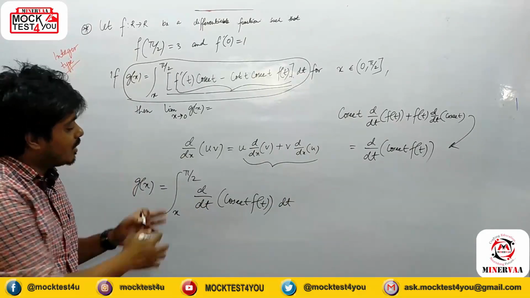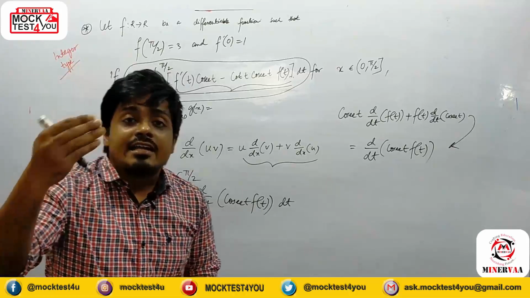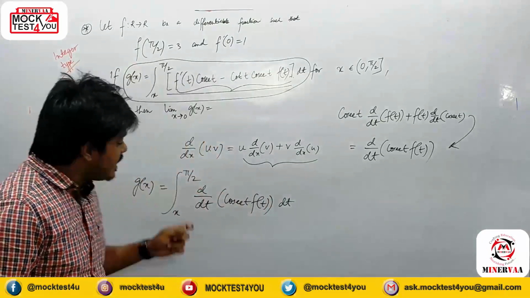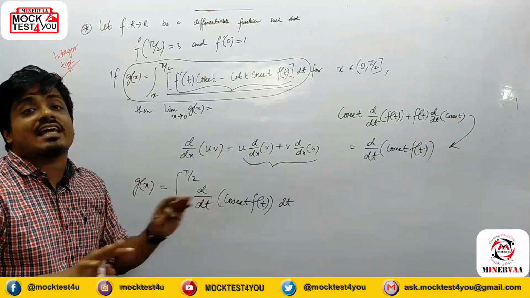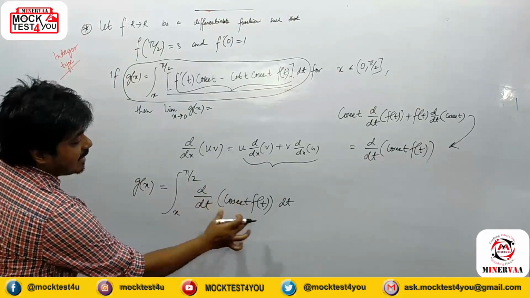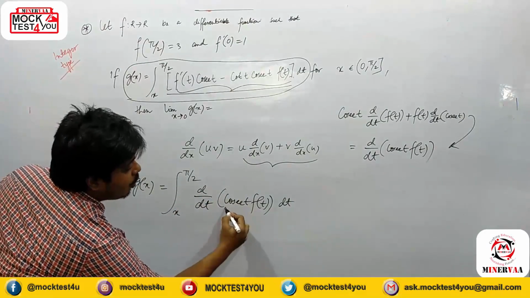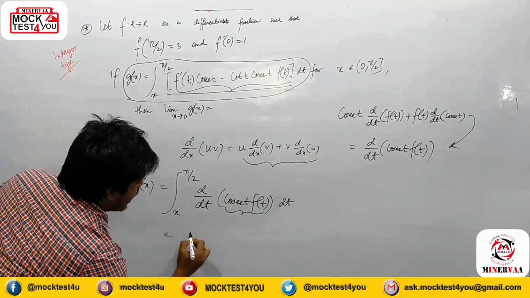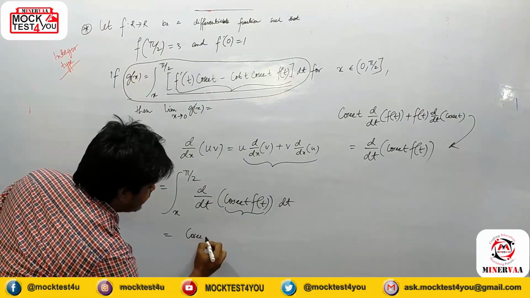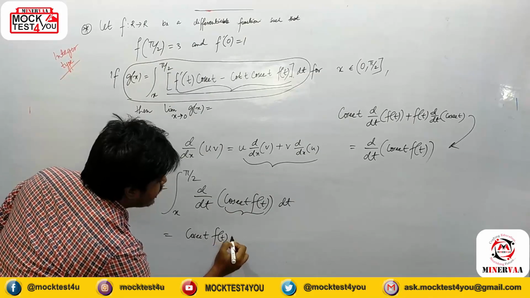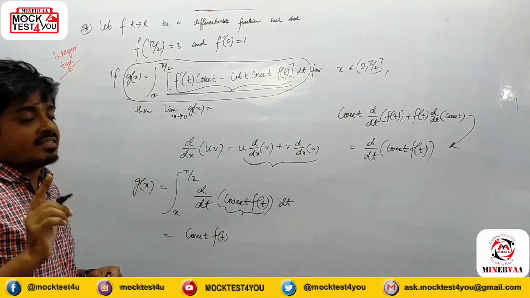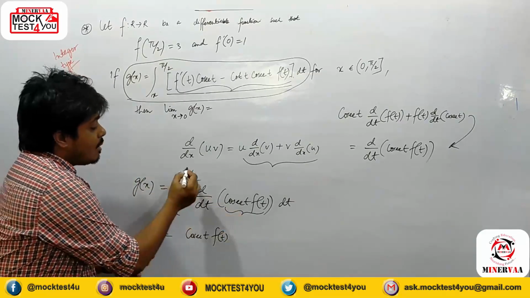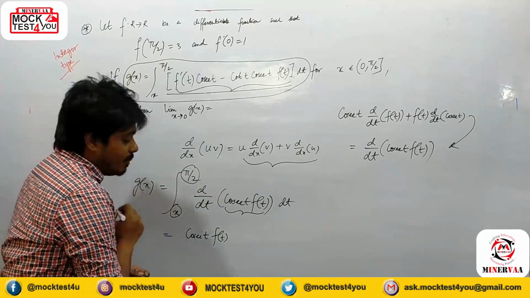I'm just giving you an example. Integration is the inverse of differentiation, right? So this integration and differentiation will cancel each other. Basically, we are left with only this portion, cosec t f(t), but one thing remains. Integration goes away, but the upper limit and lower limit will remain.